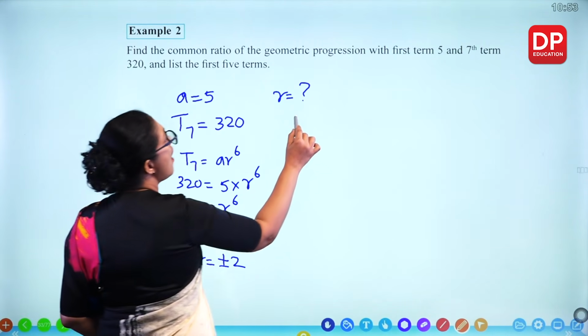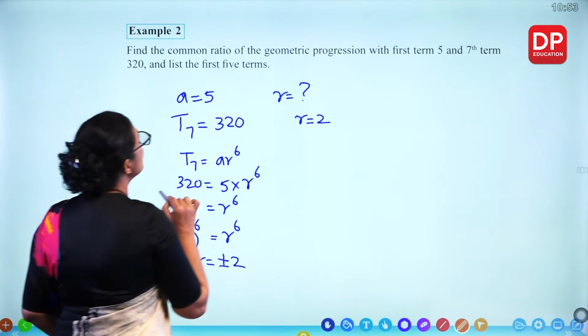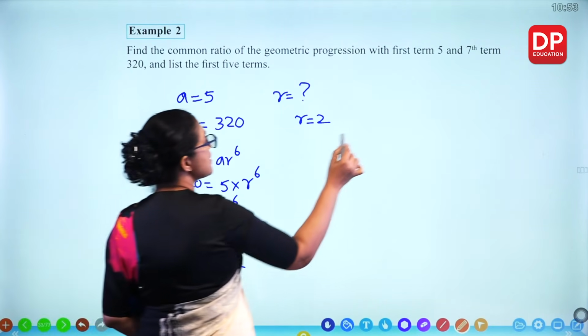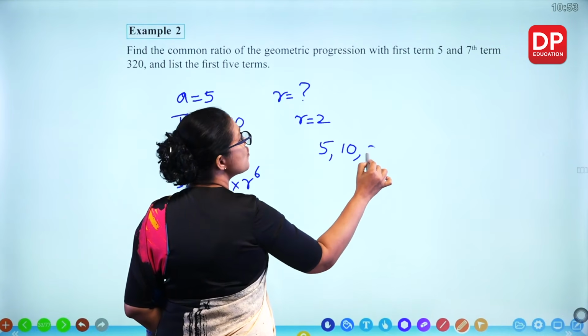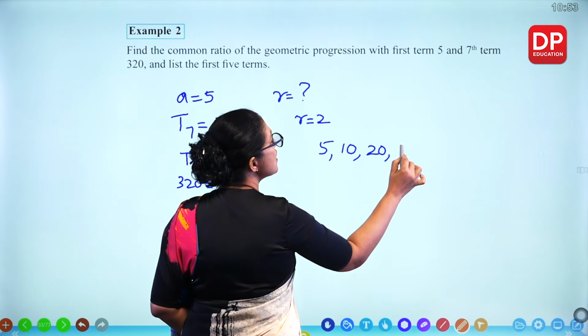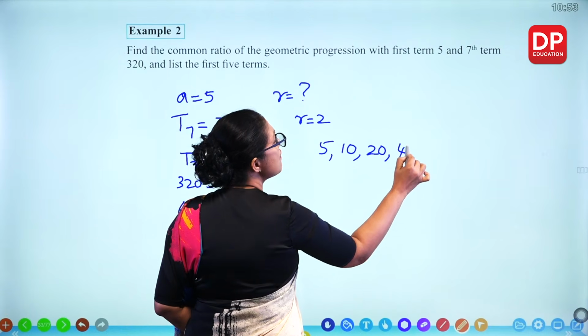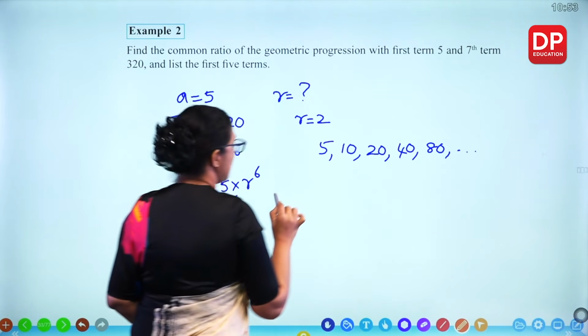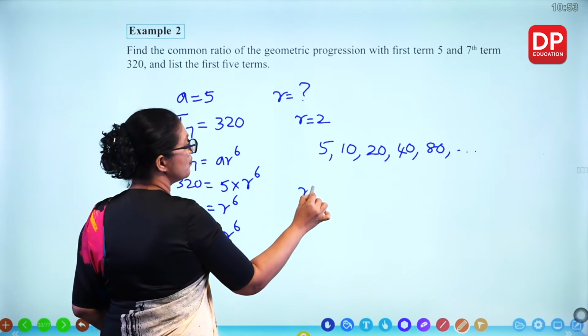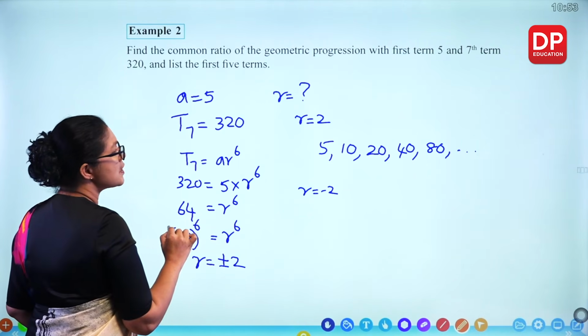So if R equals plus 2, what's the sequence? Starting from 5. 5 times 2, 10. 10 times 2, 20. 20 times 2, 40. 40 times 2, 80. When you take minus 2, what are the terms?